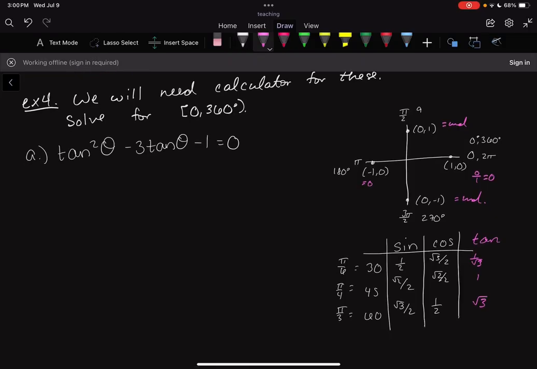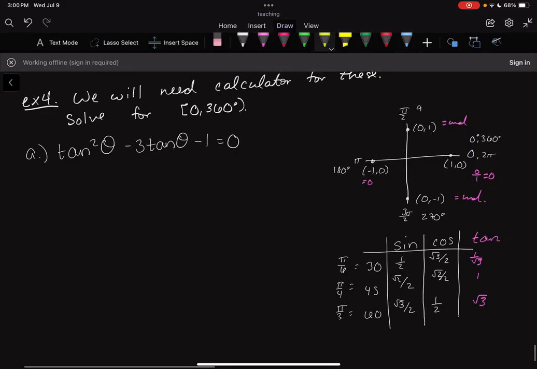So this one looks like something that I would factor. The problem with it is that it can't be factored. If you can't factor it, and you don't really have that many options, this is one where you actually have to use the quadratic formula. So I'm going to remind you of the quadratic formula. You have whatever your variable is.